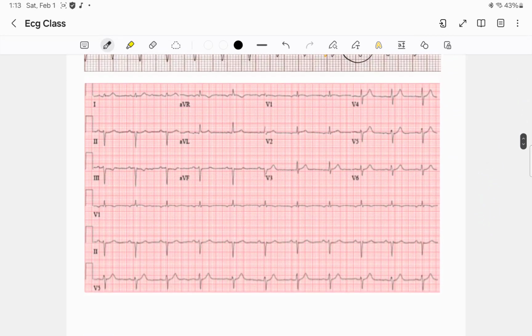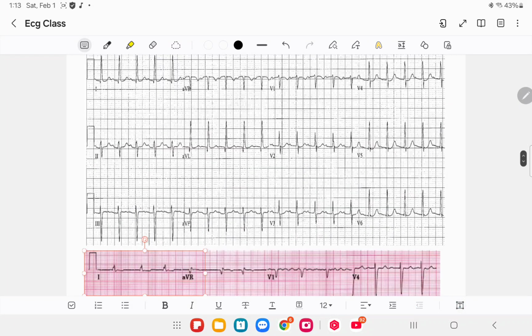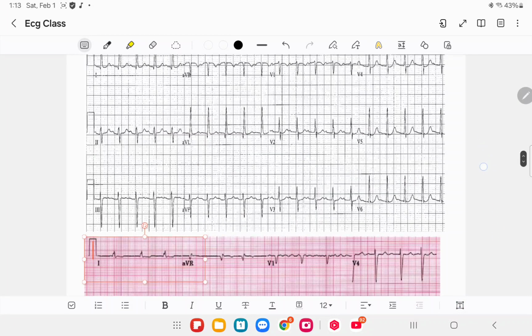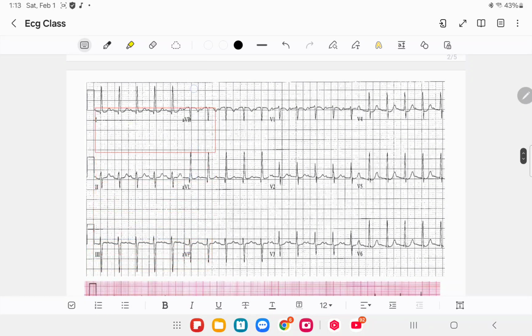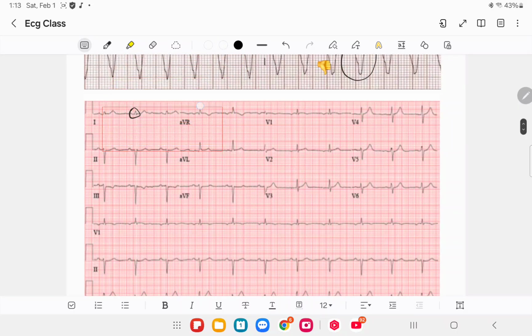So a lead 1, here we go. The QRS is positive, predominantly positive, and AVF. So let's label that. Sorry, keep skipping like that. My apologies. Okay, let's go. All right, lead 1. Let's label that.